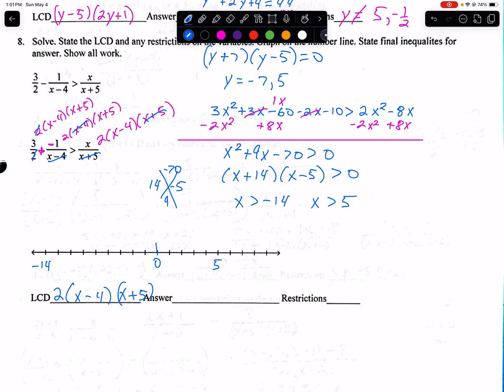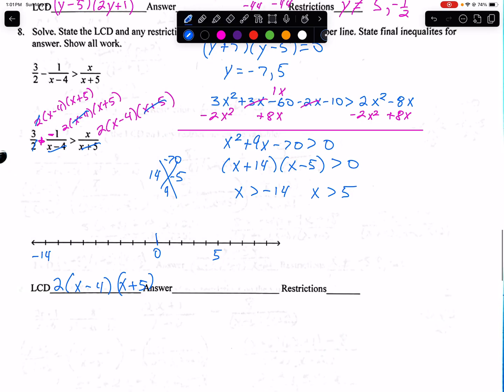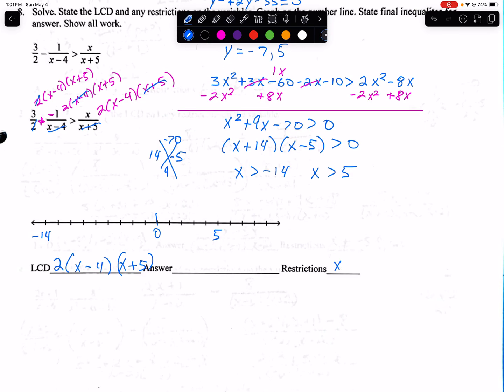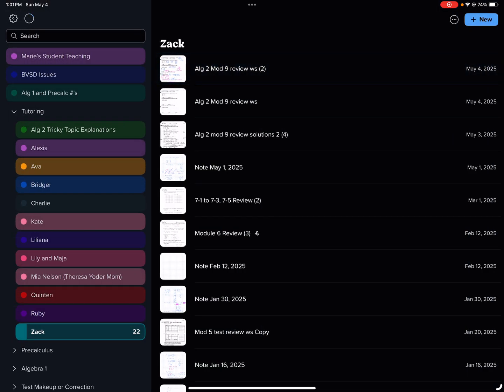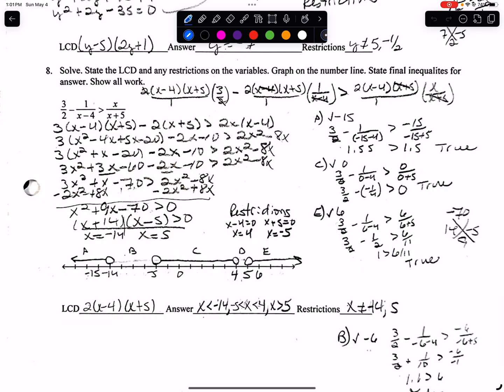Now we need to talk about restrictions, right? So x cannot equal what? Negative 5, and 4. So then we're going to throw in negative 5 over here as well, and throw 4 in here. The rest of this nasty little work that was done is testing.